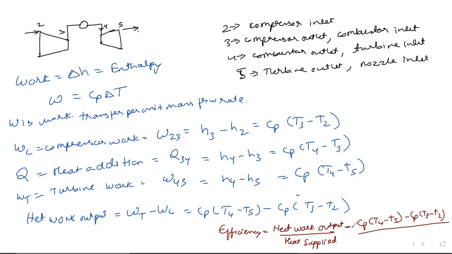Heat supplied is basically Cp (T4 minus T3). That is the cycle efficiency, or you can say Brayton cycle efficiency.